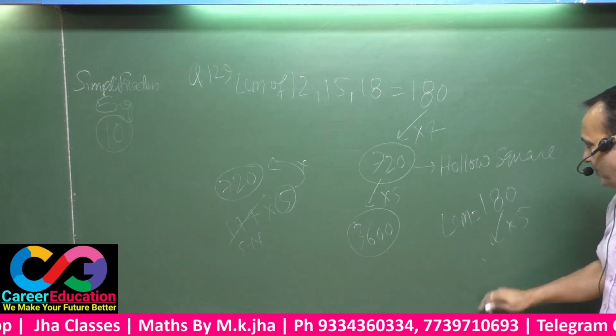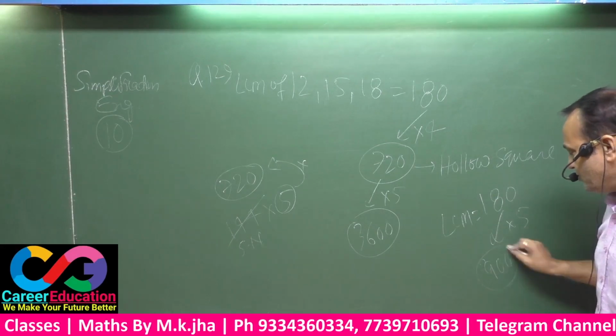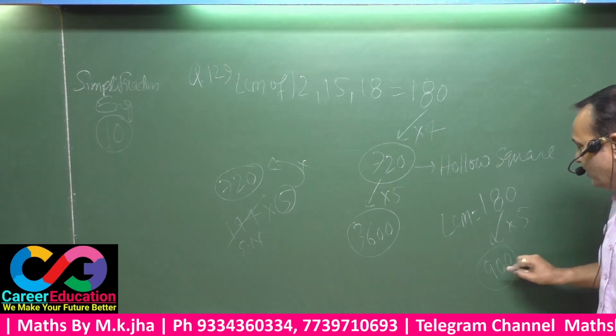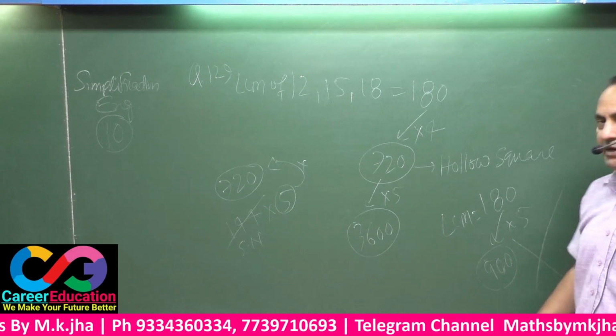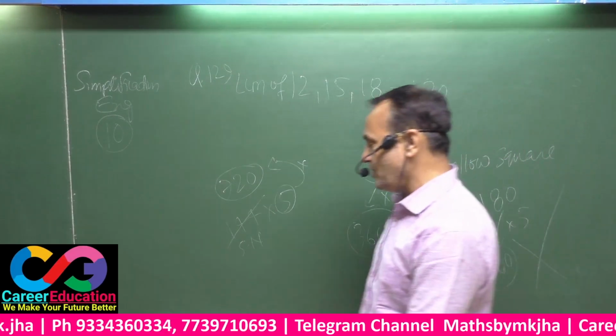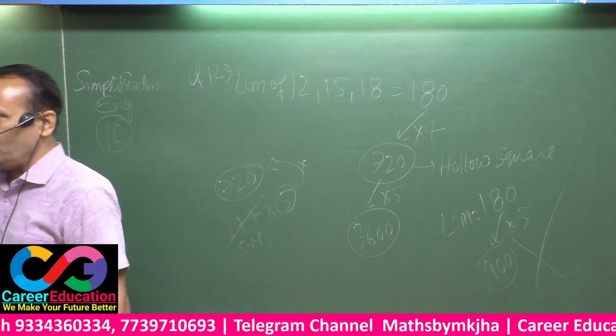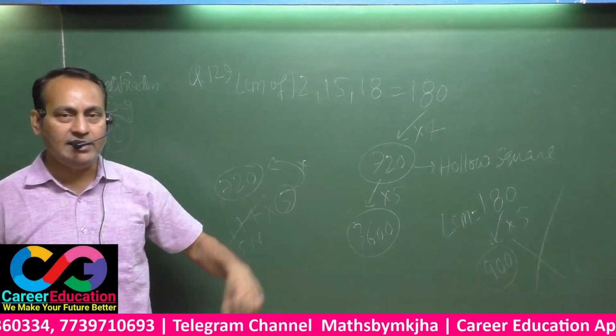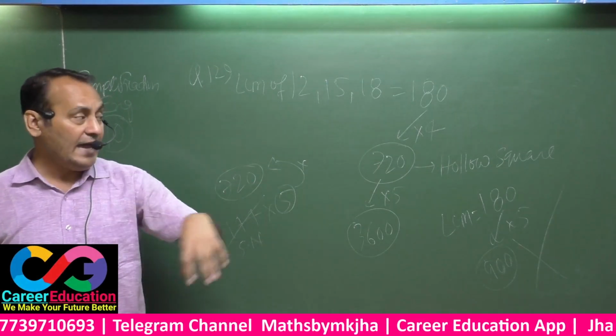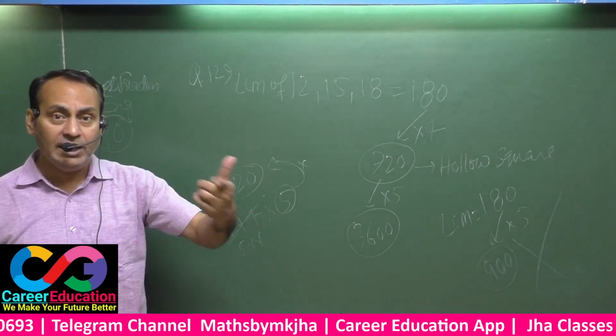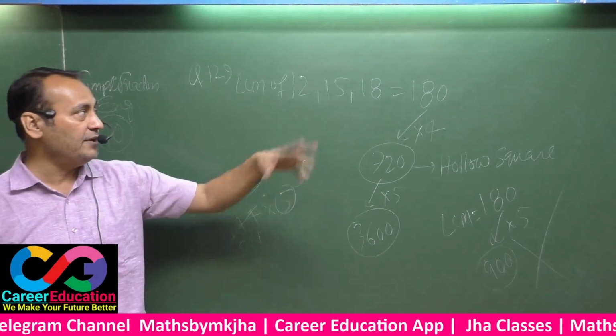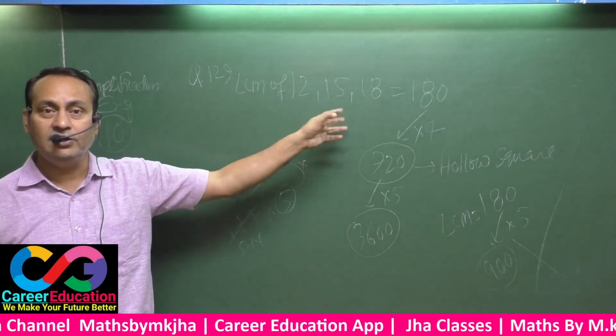That means after multiplication by 5, in some books you may get the answer 900, and that is perfectly wrong. If in some books you see the answer of this question is 900, that is absolutely wrong, as 900 people can't be arranged in a hollow square having depth of 12 or 15 or 18. You may test there.